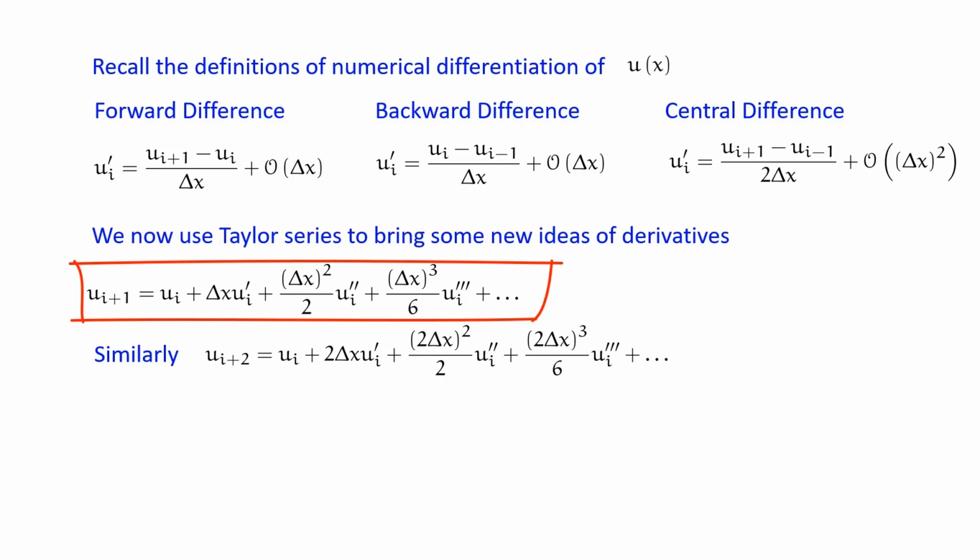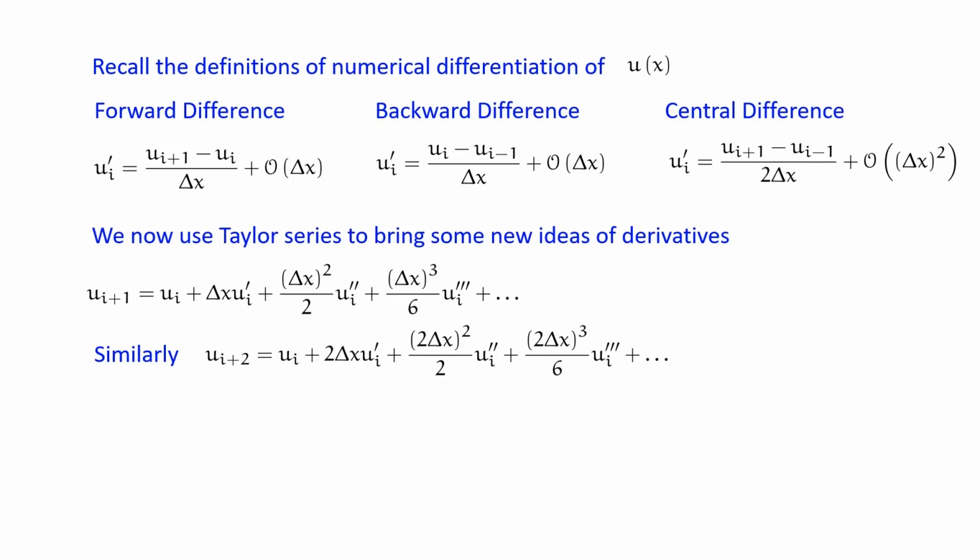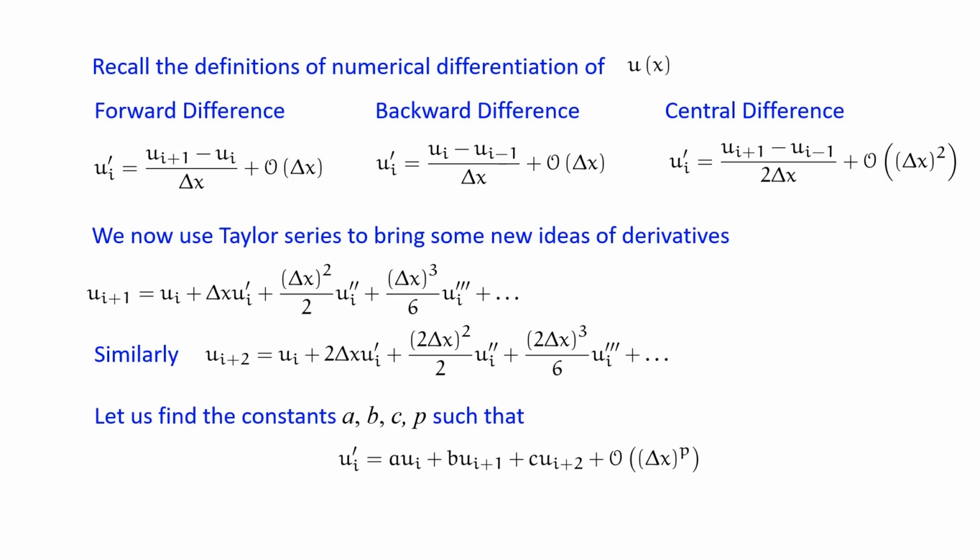And similarly, we can write u i plus 2 equals u i plus twice delta x u i prime plus twice delta x whole square by 2 u i double prime plus twice delta x whole cube by 6 u i triple prime, etc. So now our goal is to find the constants a, b, c and p such that u i prime equals a u i plus b u i plus 1 plus c u i plus 2 plus order of delta x to the power p.